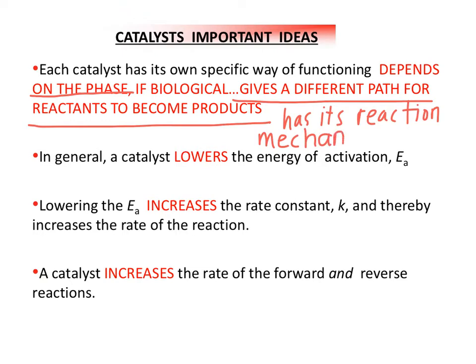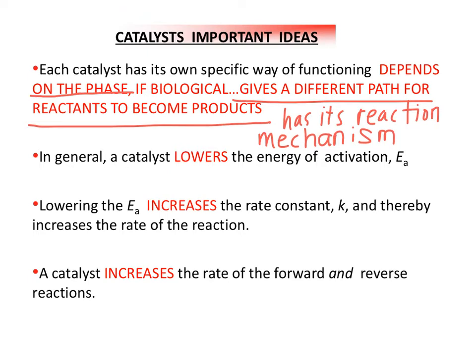And the reaction mechanism is basically a series of steps or instructions for how reactants will become products. We won't be looking at reaction mechanisms in 16.4. It's a little beyond the scope of the class, but you'll probably see it later on in college chemistry or AP chemistry if you take those courses.